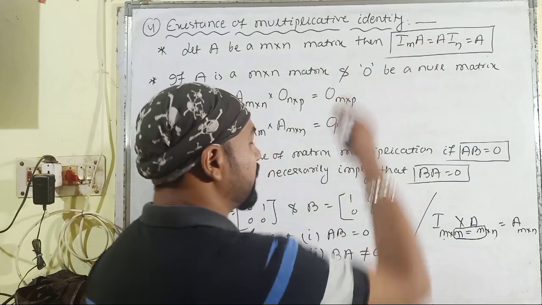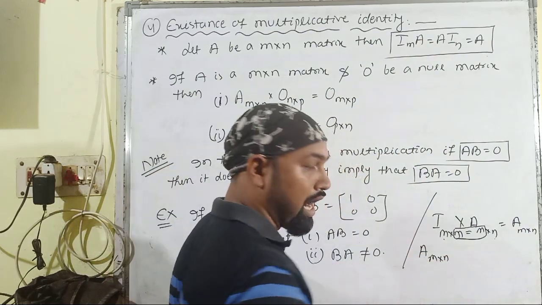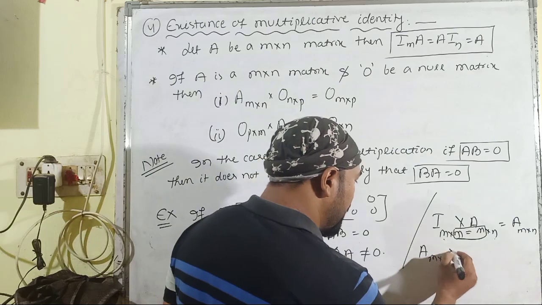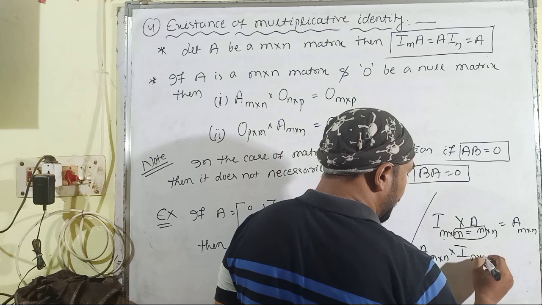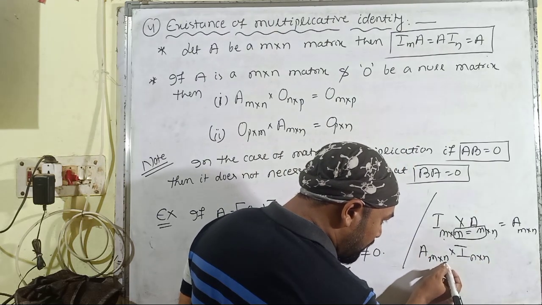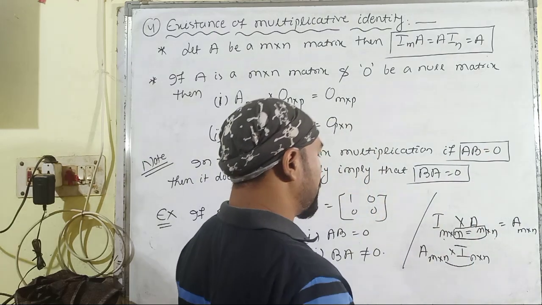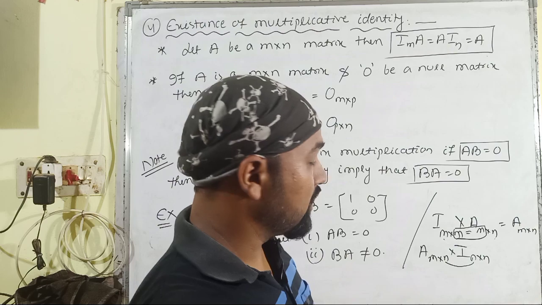Then again for the second case, A is a matrix of order m cross n and we have to multiply by the identity matrix of order n cross n. For this reason, the number of columns of the given matrix A is equal to the number of rows of the identity matrix.